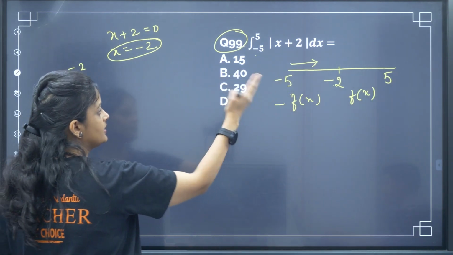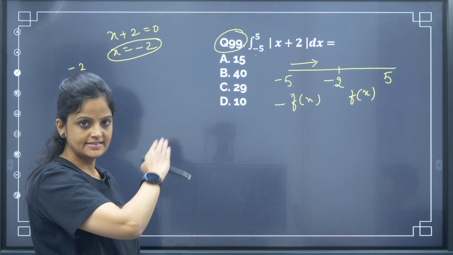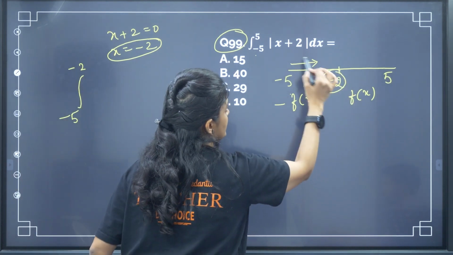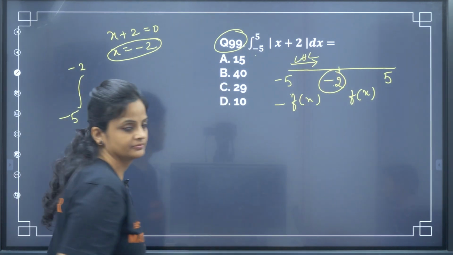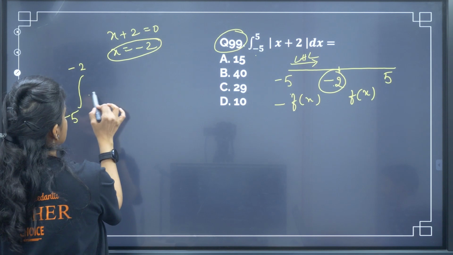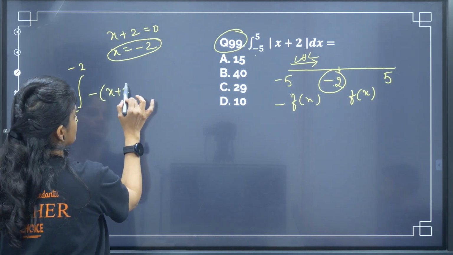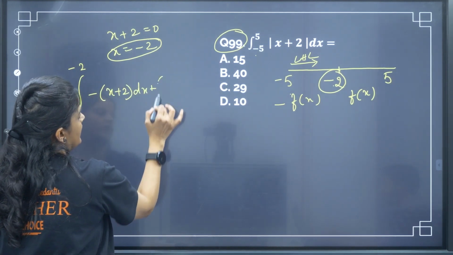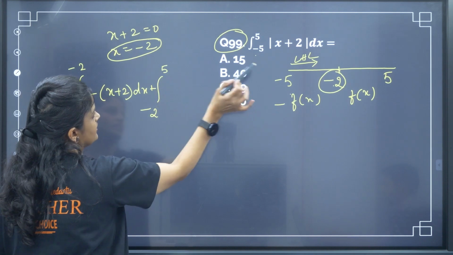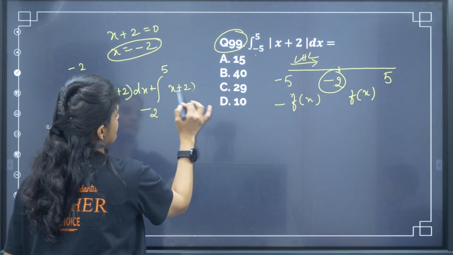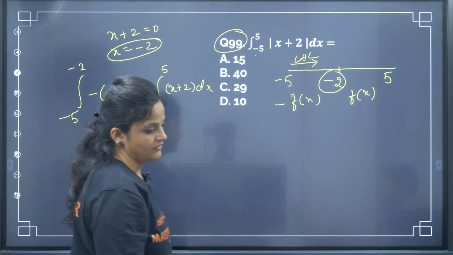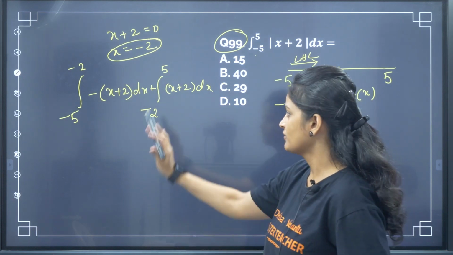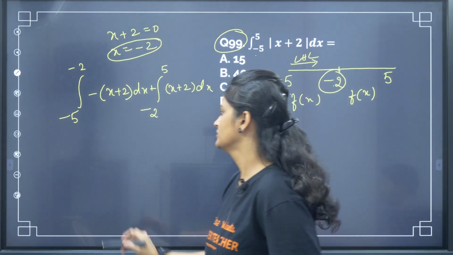So when I take minus 5 to minus 2, this side of the point, it is LHL. So this side it is minus of the function, and minus 2 to 5, the function itself. Anyway, simple integration, you have to just integrate and put the value.